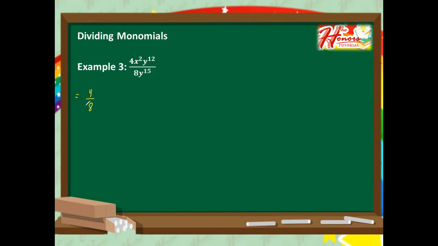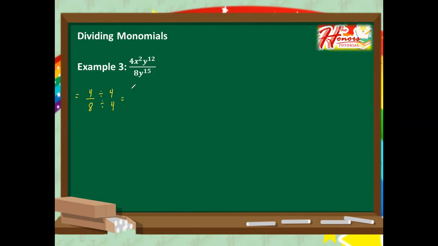Choosing the least possible number will consume a lot of time, because you will do the simplification over and over again. So I will use 4 here because it is the biggest possible number that can divide 4 and 8.